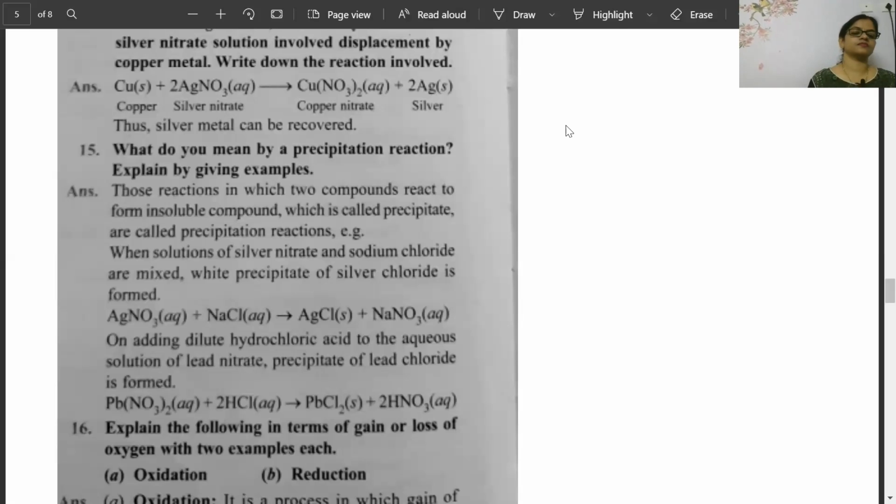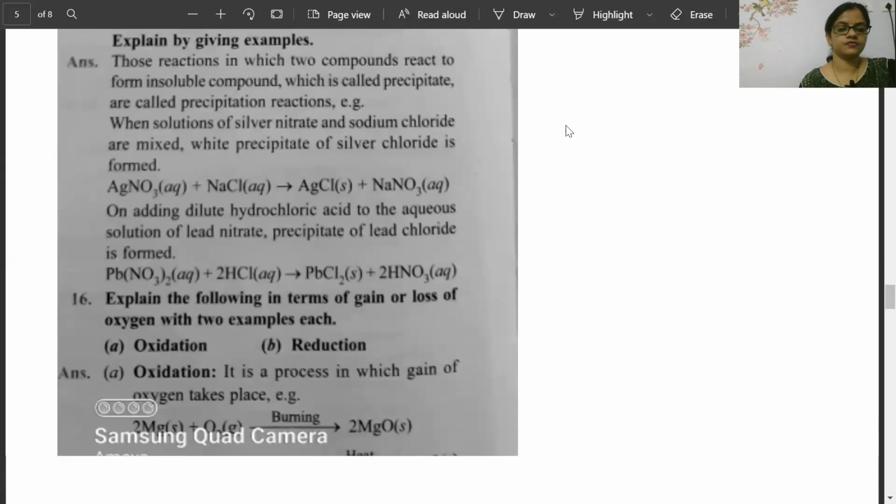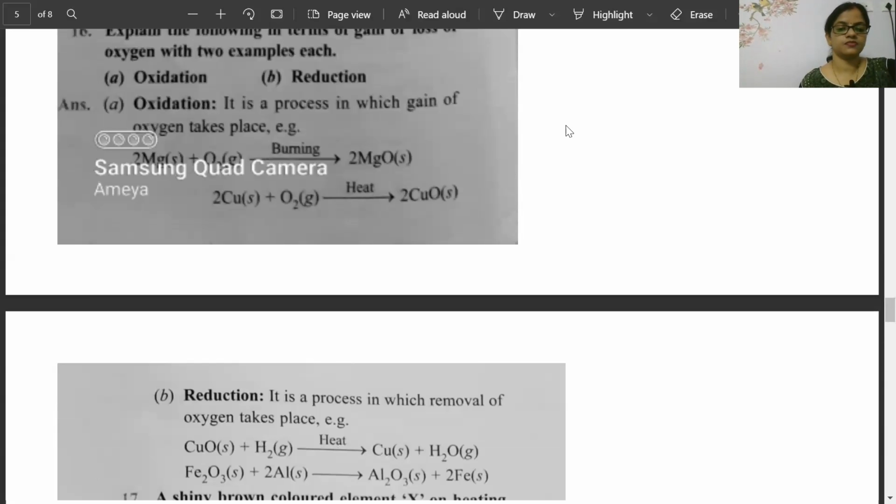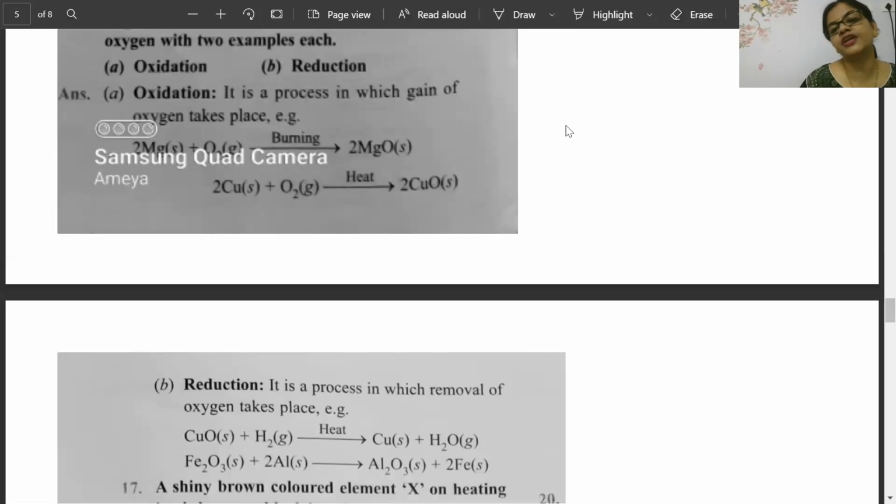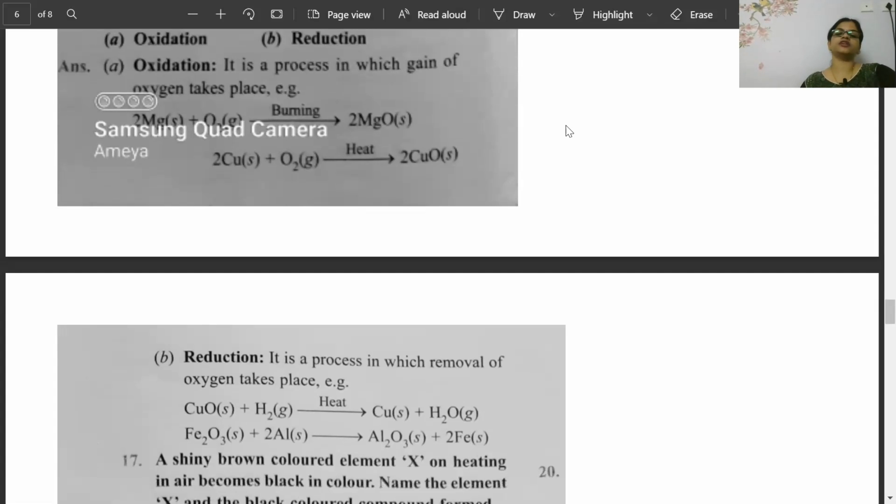Explain the following in terms of gain or loss of oxygen with two examples each. Given magnesium and oxygen burning, it is giving magnesium oxide. Okay. Copper oxide plus hydrogen gives copper plus water.